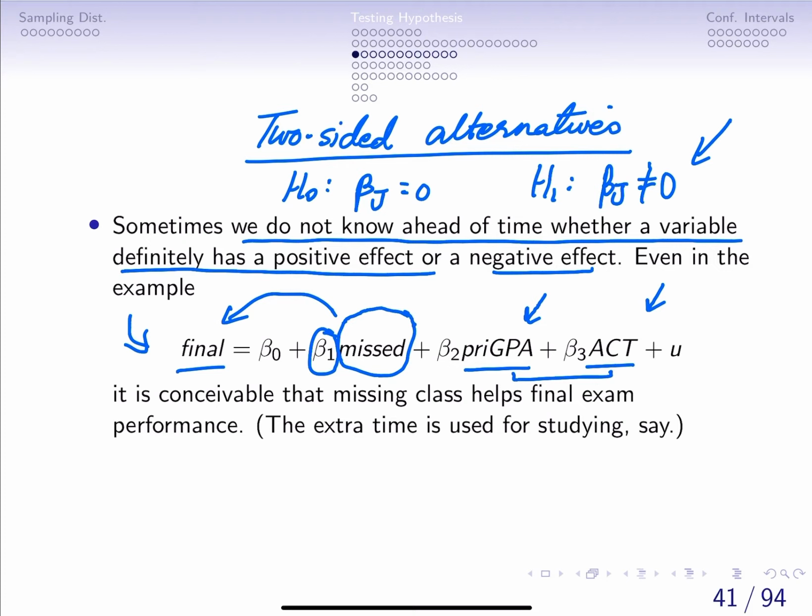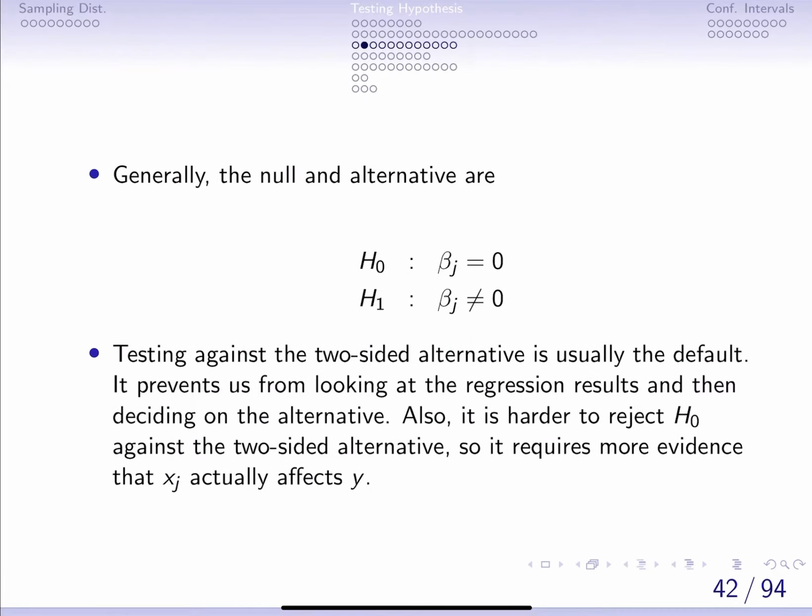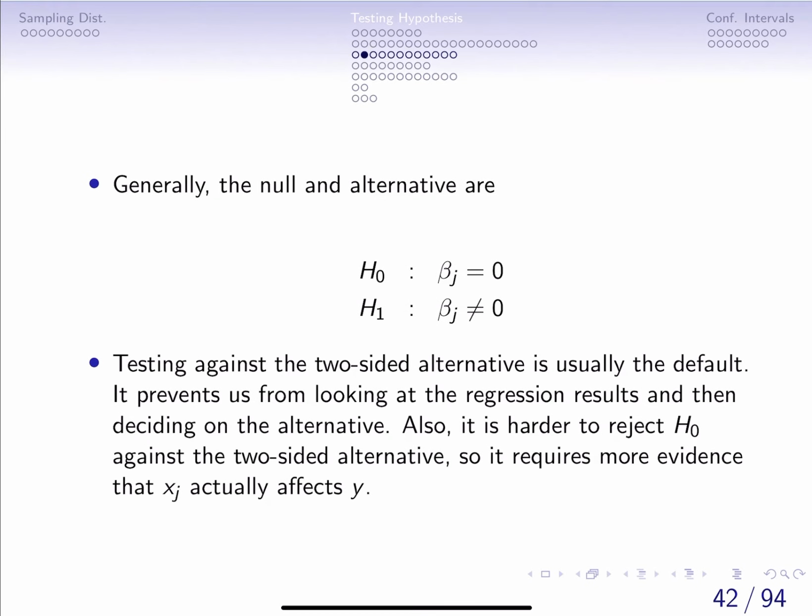But in general, even though two-sided alternatives can be intuitively applied to examples, taking an agnostic view about the sign of beta j is generally better. Like we stated earlier, the null is beta j is equal to 0.